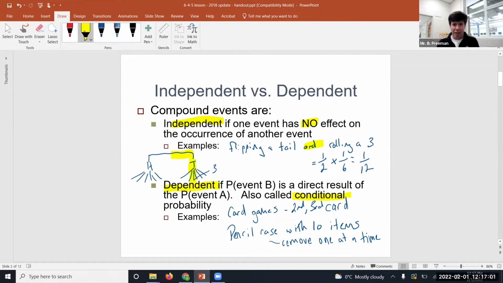Anything that's not independent. So a situation where you're having a card game, but then you pull that second card, the third card, the fourth card, and every card is dependent on what happened with the previous cards. So for example, if you're playing a game like 21 or blackjack, and you're trying to get to that goal of 21, and you've already had a 10 as one of your first cards, and then a 10 as your second card, you're already at 20.